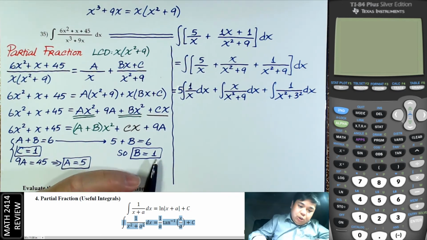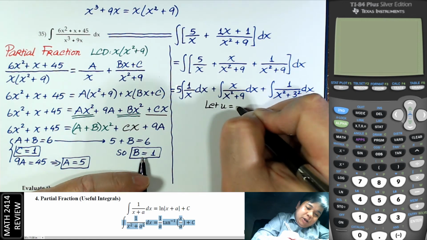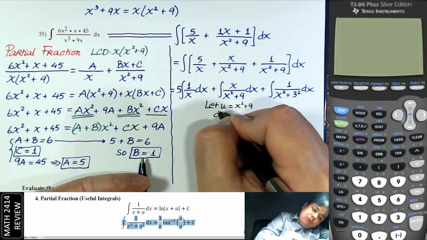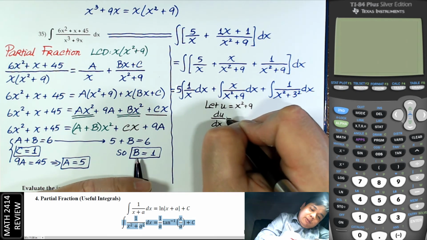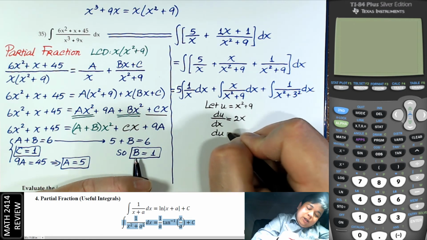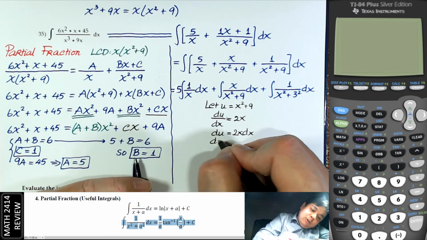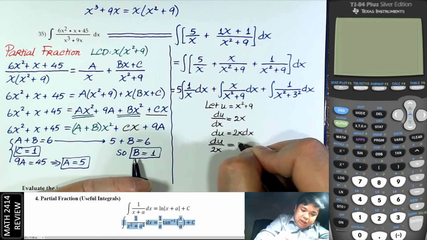So substitution, let u be x squared plus 9. du over dx is equal to 2x, so du is equal to 2x dx, so du over 2x is equal to dx.